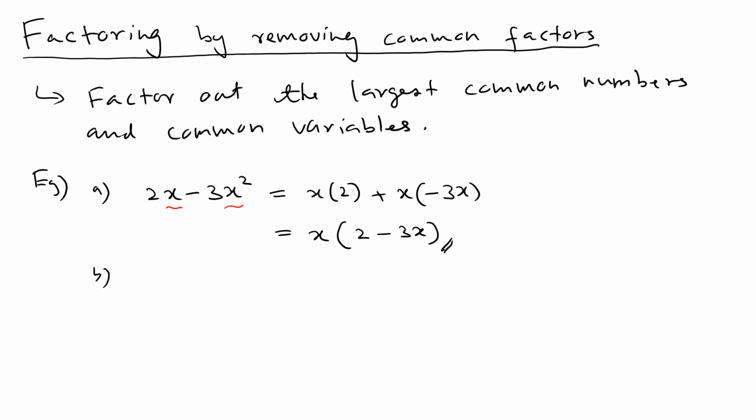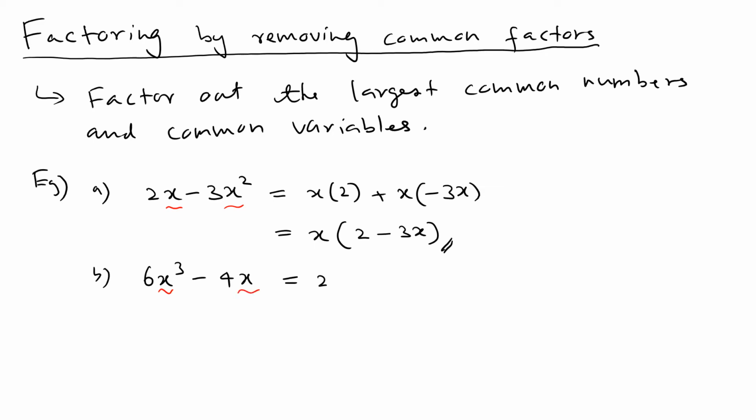How about 6x cubed minus 4x? When you look at this one, you can see that there are common numbers now. If you look at 6 and 4, the common number would be 2, and you can also pull out x from these two. That means 2x is common.